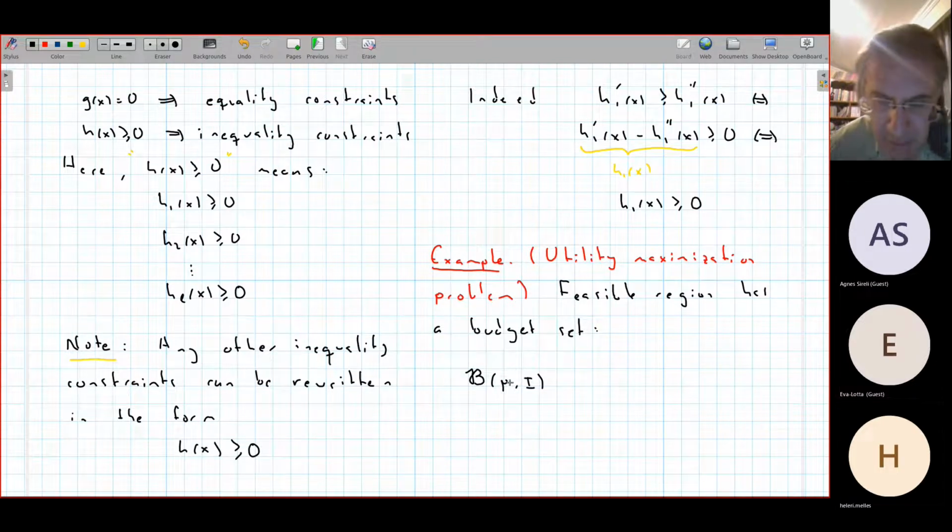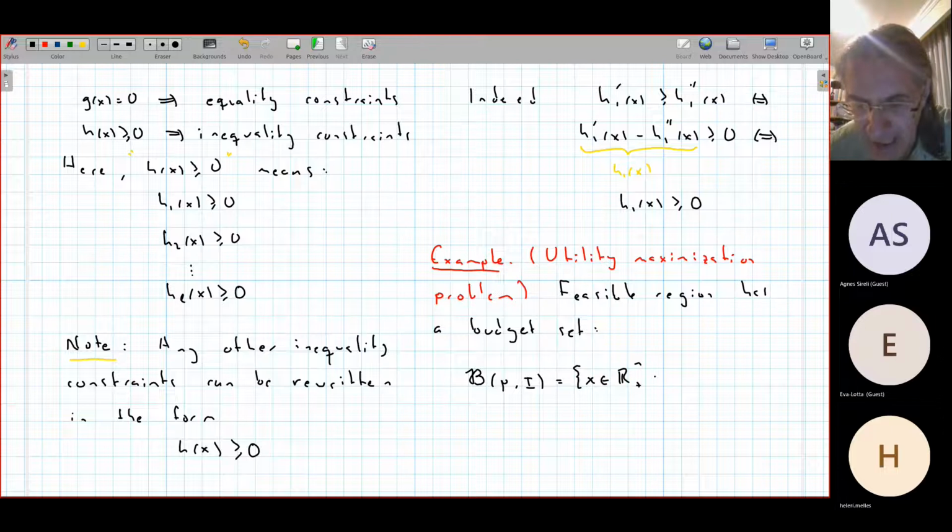It was a set that depended on two parameters, p and I. It was the collection of all x in R plus n with the property that p times x is less than or equal to I. So here there are various constraints, as you can see.